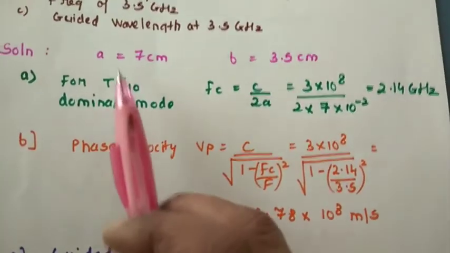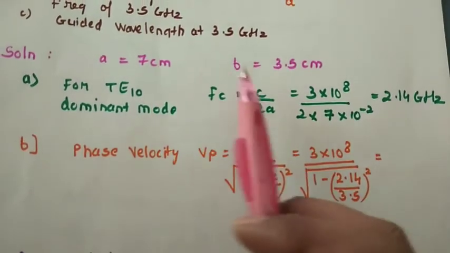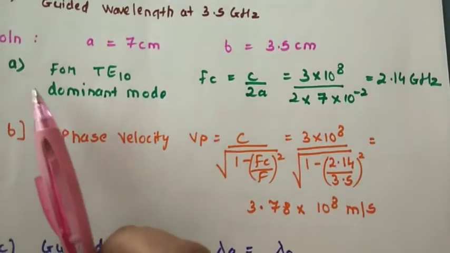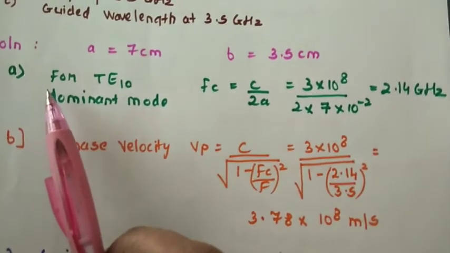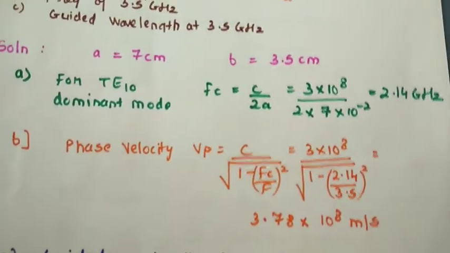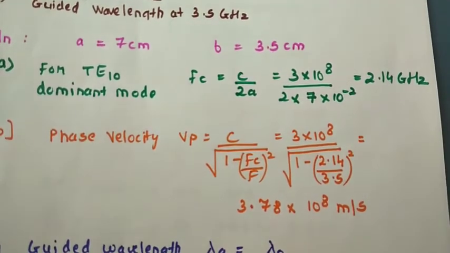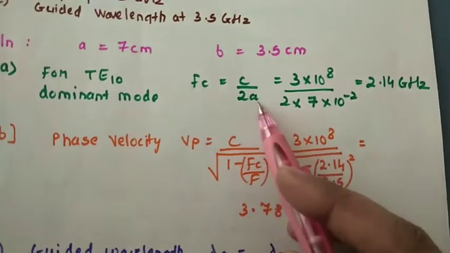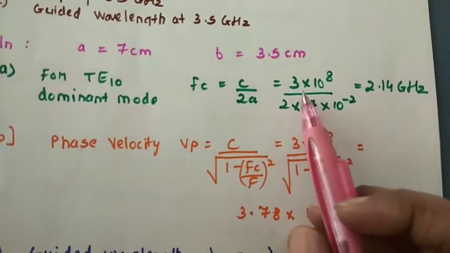Now A is equal to 7 centimeter and B is equal to 3.5 centimeter. And for the dominant mode, as we have already seen, for TE10 mode, Fc is equal to C upon 2A. So we'll substitute the value.